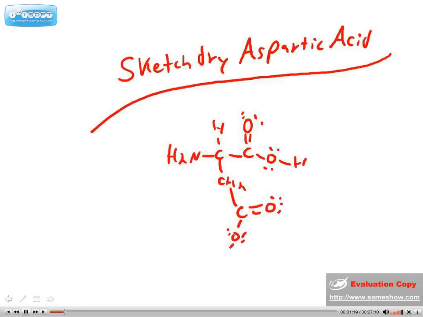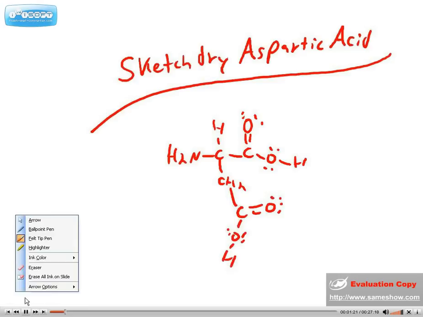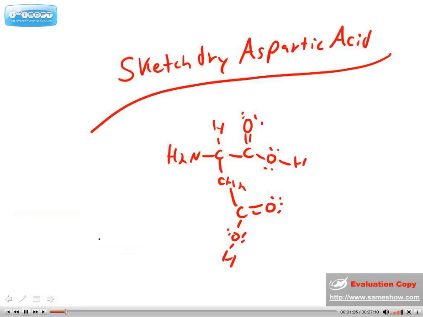Next, I could change it up and ask you to sketch an aqueous aspartic acid. Keep in mind, aqueous means it's dissolved in water.